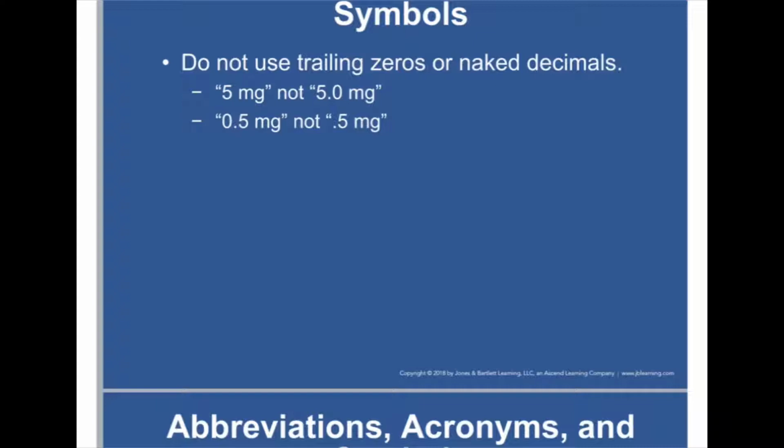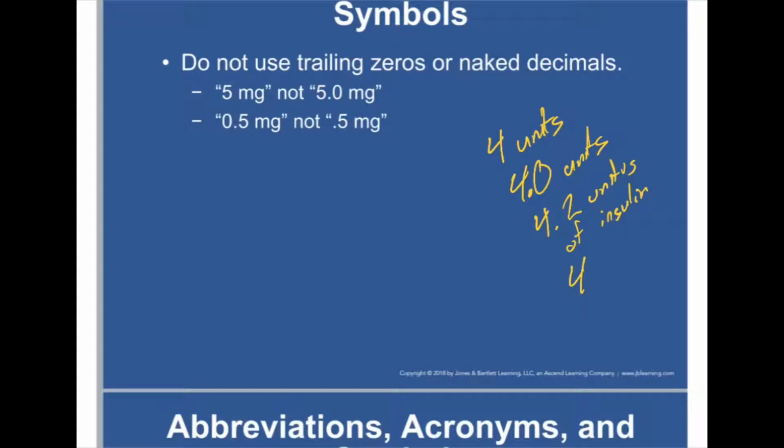An example of that would be 4 units versus 4.0 units. Even though in some circumstances the prescriber could write for 4.2 units of insulin, if the prescriber just wanted 4 units of insulin, they would just write 4 units.